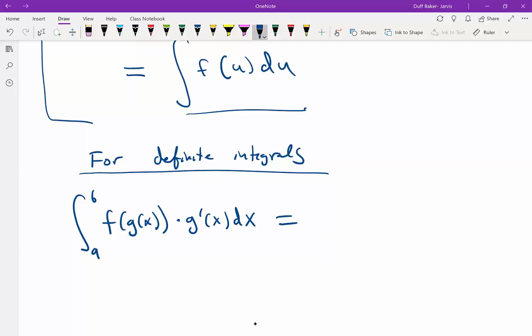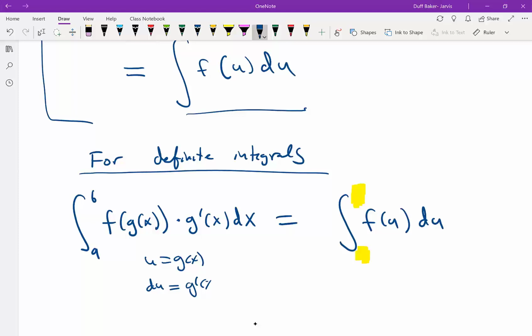Then you can still do the u substitution. But the question is, do the bounds stay the same? So let me just copy down. Here we're going to set u equal to g of x, du equal to g prime of x dx.